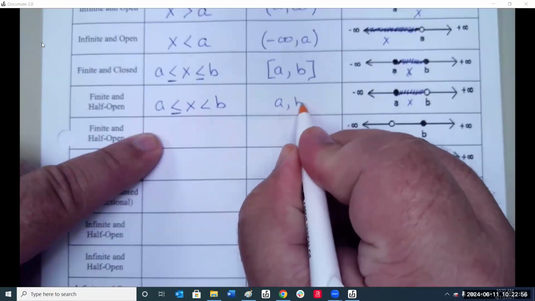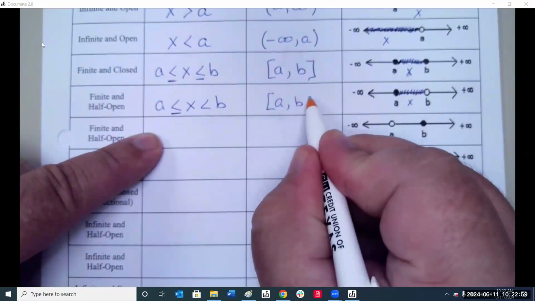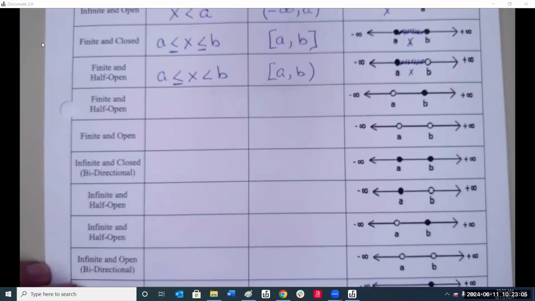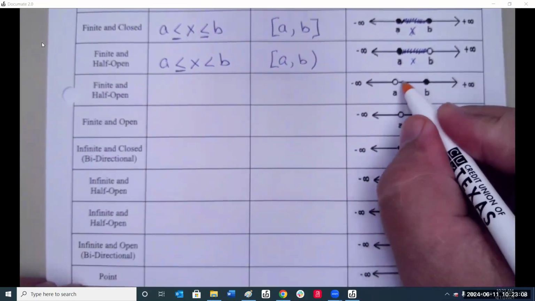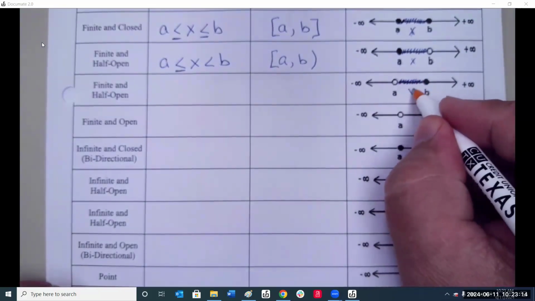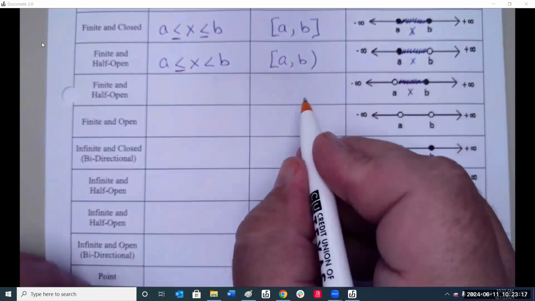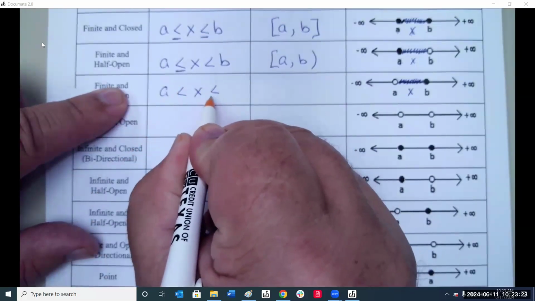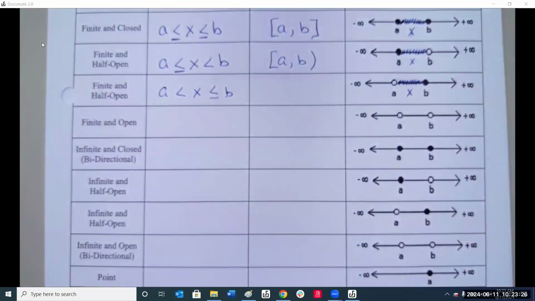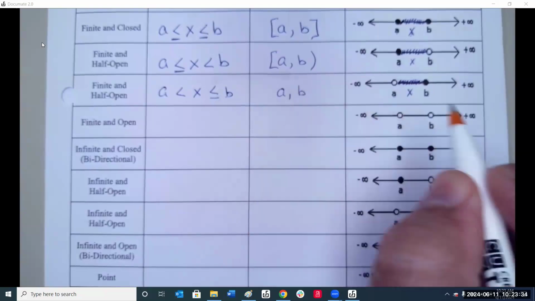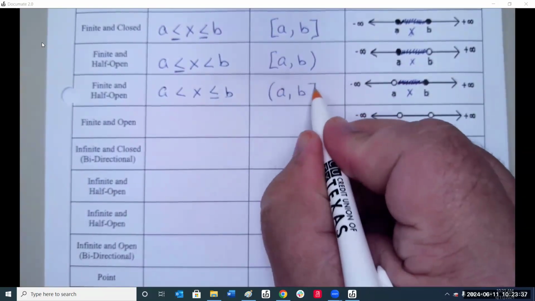It's a and b, included, not included. So a is less than x is less than or equal to b, because b is shaded. The bound is a to b. A is open, b is closed.